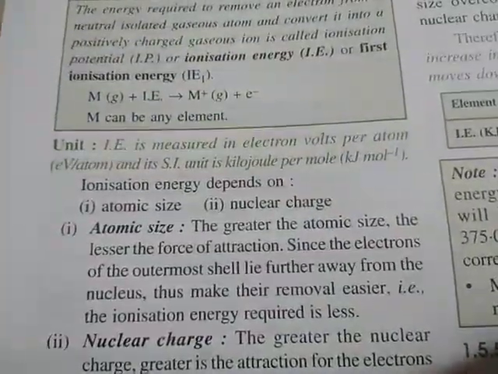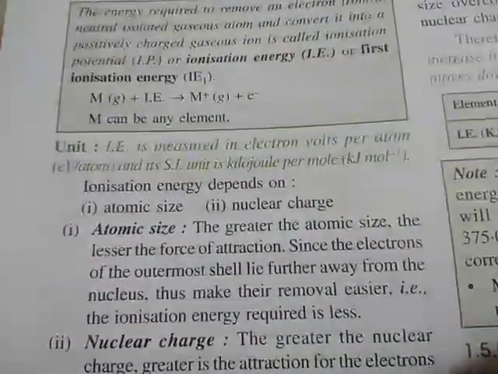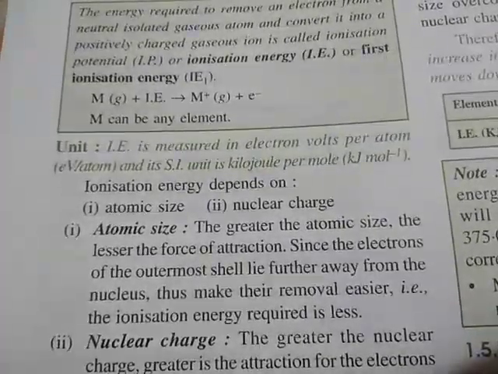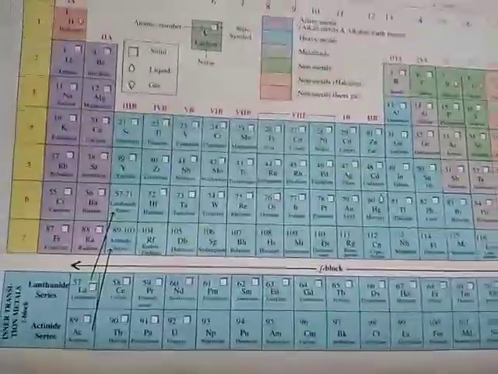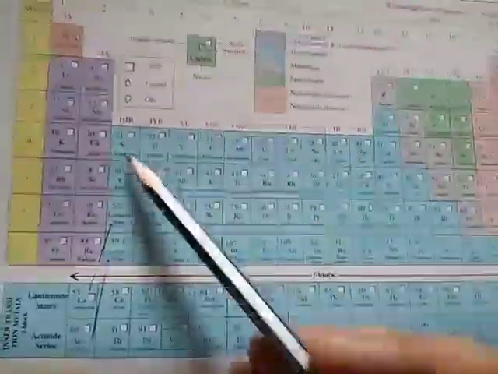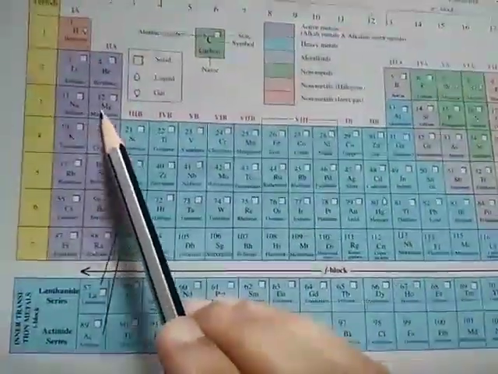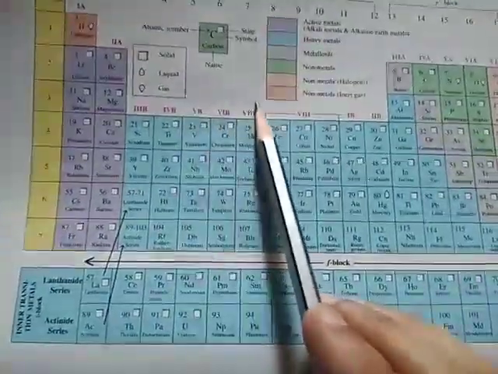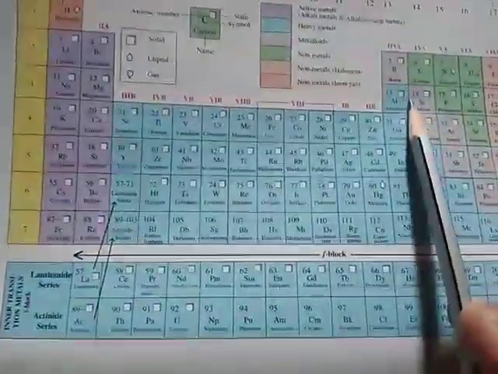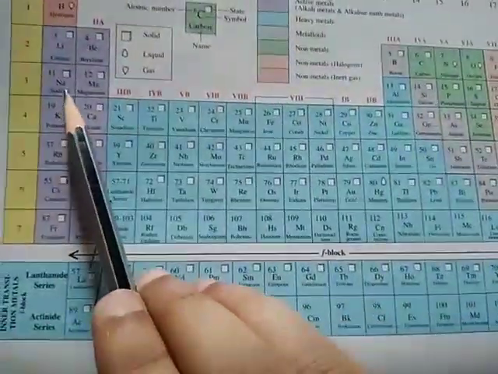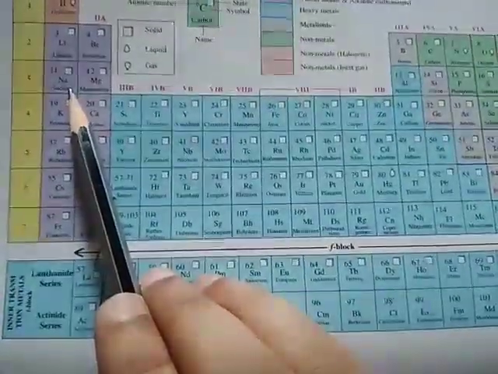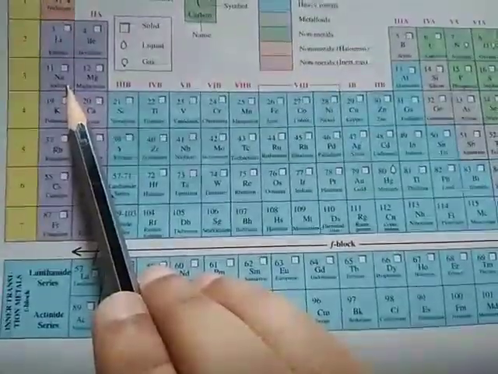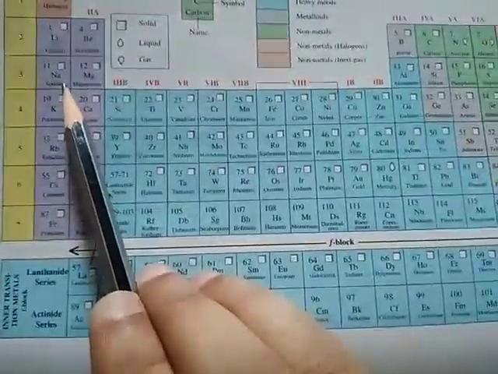Now regarding the units of ionization energy, the SI unit is kilojoule per mole. Now students, along a period the ionization enthalpy increases. Sodium is very much metallic, so it will lose the electron easily, so you need to apply a little energy.